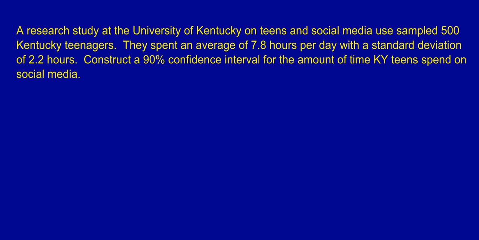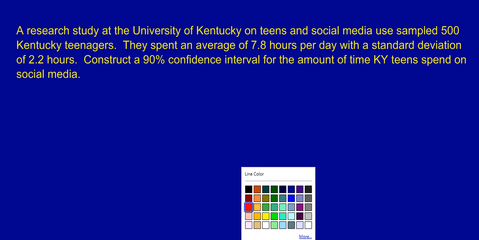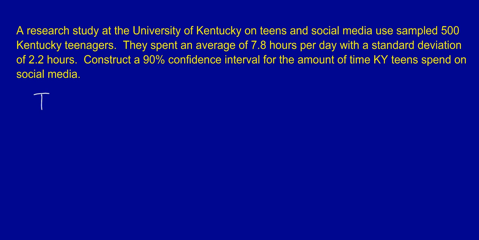Okay, so let's start with the first PI. That's what interval am I going to use, and what parameter am I trying to estimate. So this could have a variety of wordings, but this is one that would work.